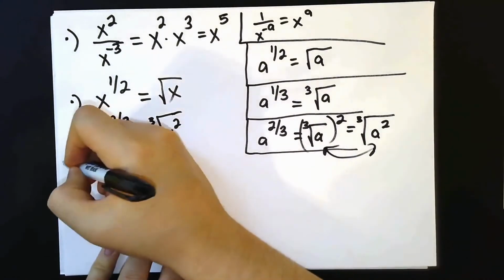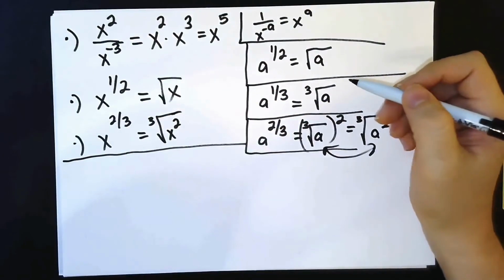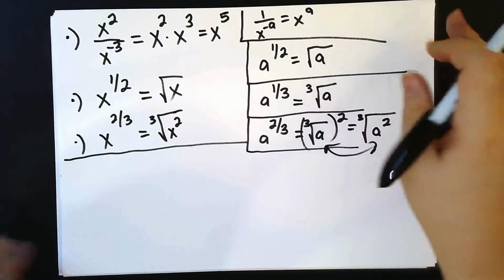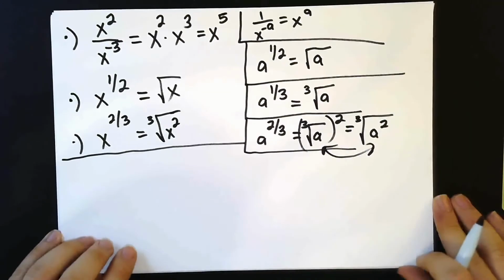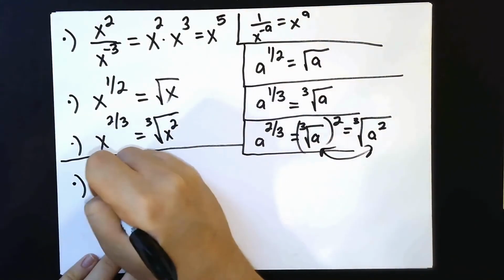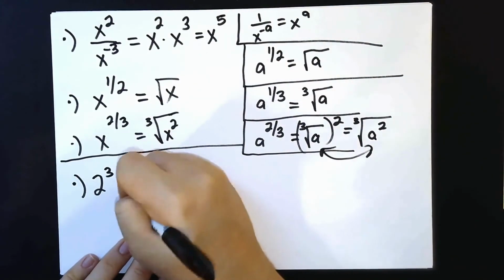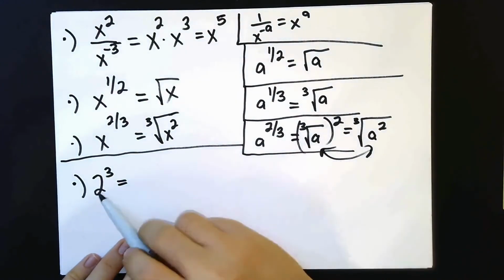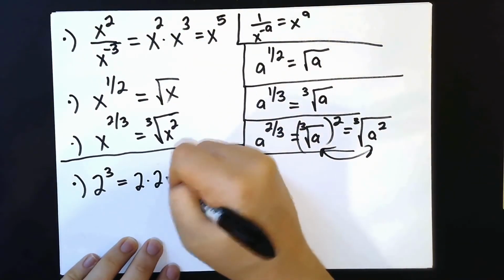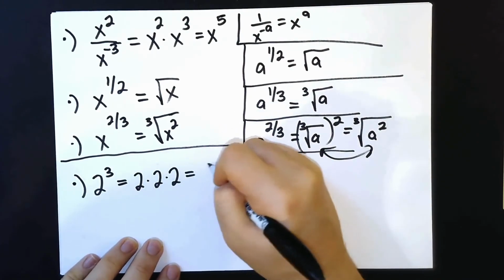Okay, so just to make sure we're comfortable with all of these rules, I want to go ahead and evaluate some of these powers with numbers. Okay, so I could, for example, evaluate 2 cubed. And what is 2 cubed going to be? That's 2 times 2 times 2, and that's 8.